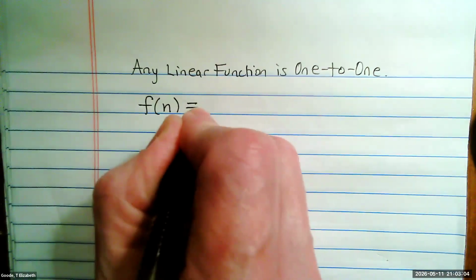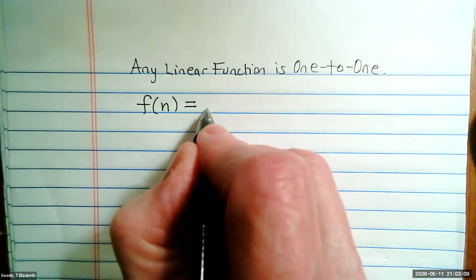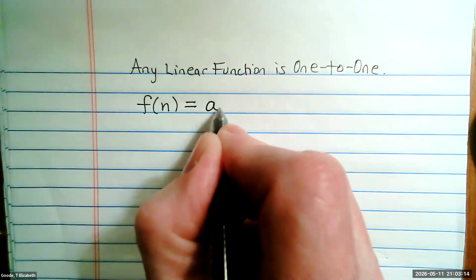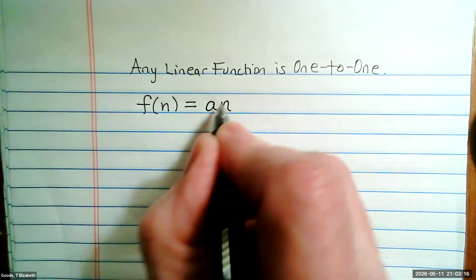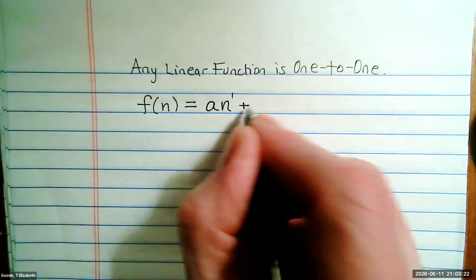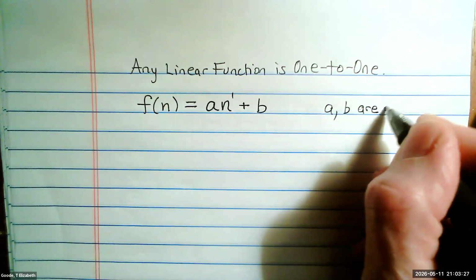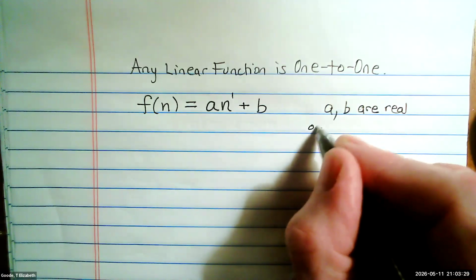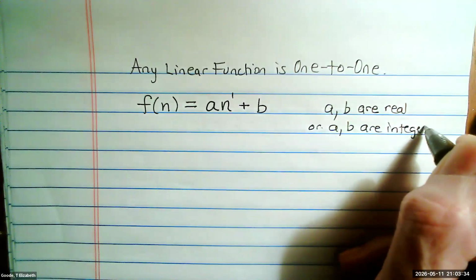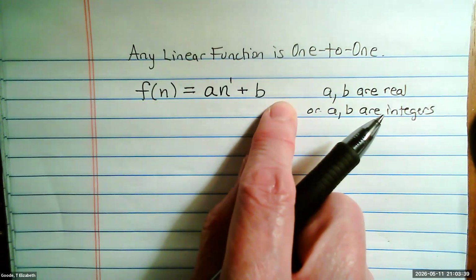F of n equals, well, the general formula for a line is some coefficient a times n, but n is always just to the first power. That's what makes it linear, plus a constant b. Here, a and b are real, or if we're playing integer games, a and b are integers. And I think here we're playing integer games. But this is a linear function.